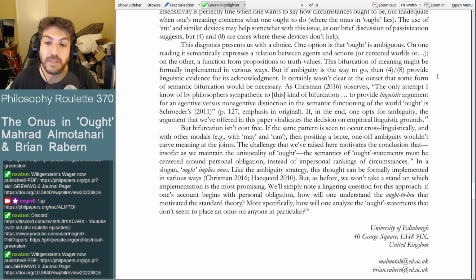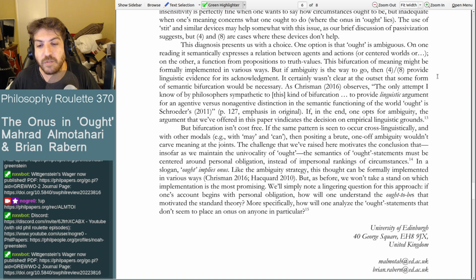If in the end one opts for ambiguity, the argument that we've offered in this paper vindicates the decision on empirical linguistic grounds. But bifurcation isn't cost-free. If the same pattern is seen to occur cross-linguistically and with other modals, for example with may and can, then positing a brute one-off ambiguity wouldn't carve meaning at the joints.